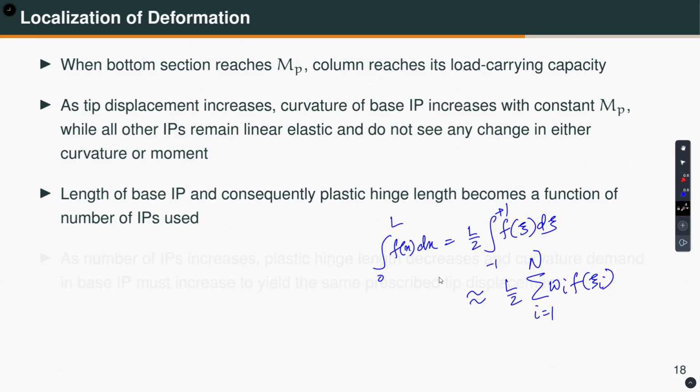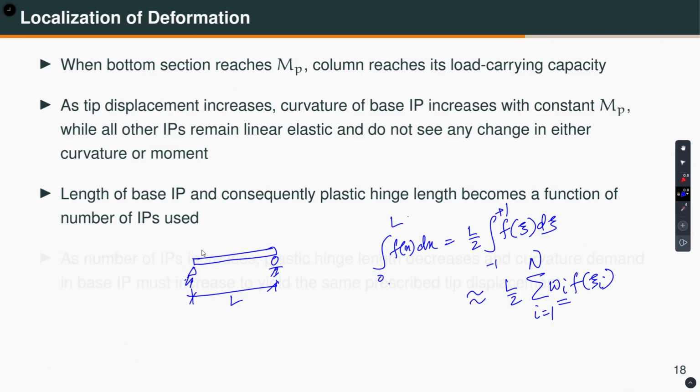So, that means if you actually work in the physical coordinates, so let us say I have this element. The sum of the integration weights in the physical coordinate, not in the psi coordinate, because psi varies between -1 to +1 while the physical coordinate varies between 0 to L. So, the summation of the weights of the integration points is equal to the length of the element.